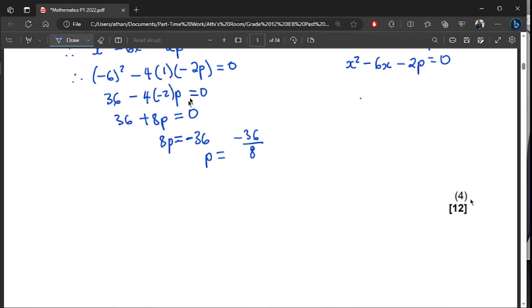So the value of p here is equal to minus 9 over 2, which can also be written as negative 4,5. Since they said round off your answers to 1 decimal place. Easy, 4 marks, guys.